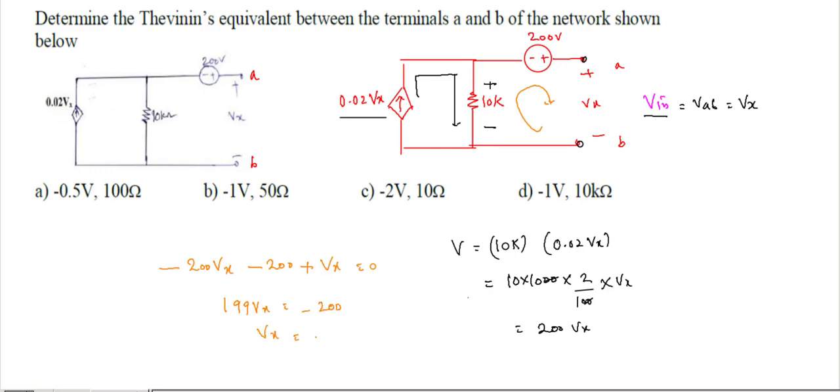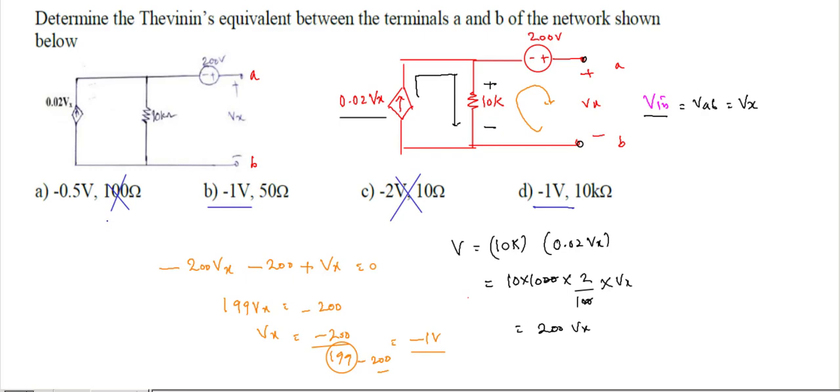So Vx equal to minus 200 by 199. I can take it approximately 200, so you get approximately Vx equal to minus 1 volt. So VTH equal to minus 1 volt. So this is minus 1 volt, I can neglect this option.